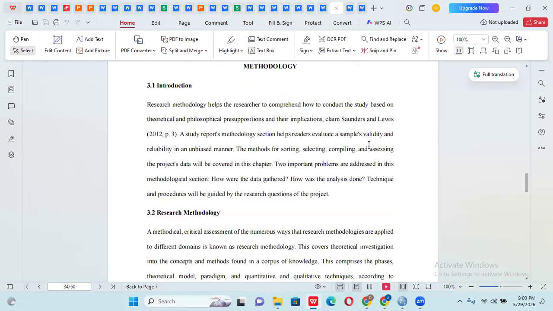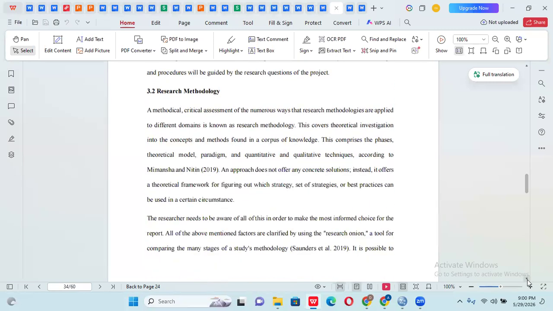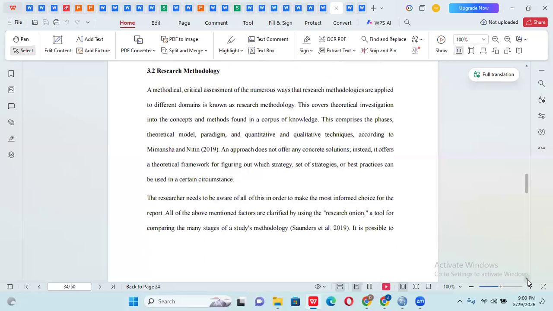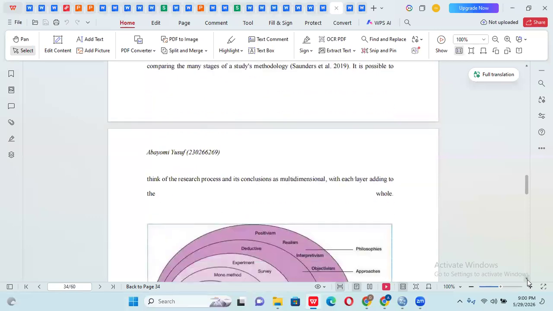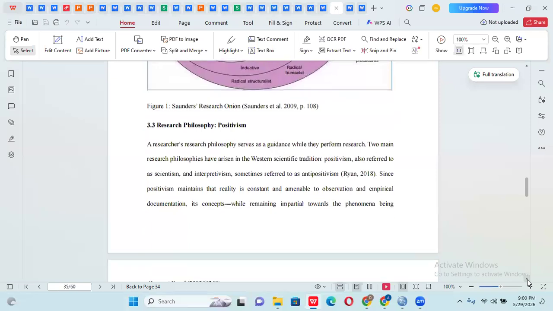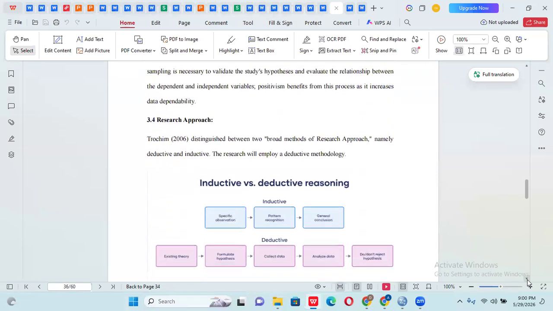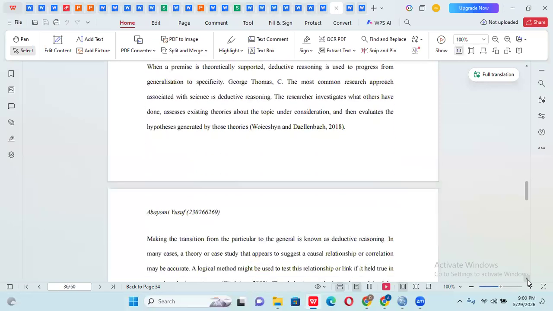Now look at it. The methodology helps the researcher to comprehend. So let's go down. I want to say where we are, where we know there is secondary data.